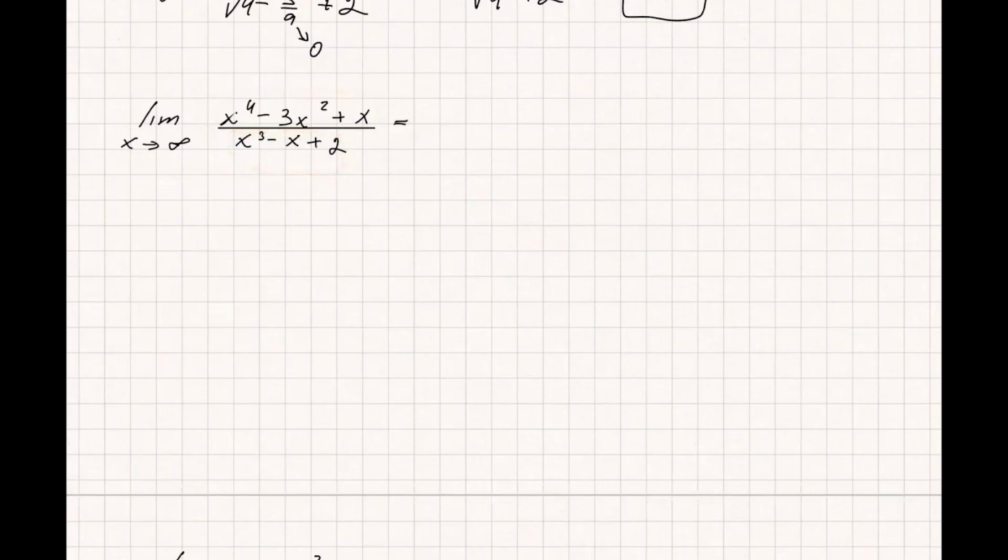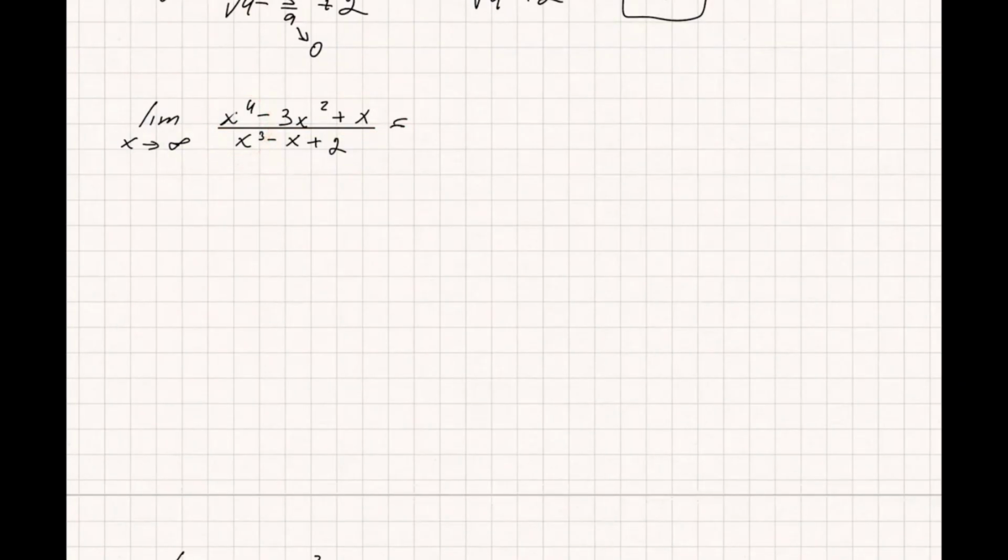So if we plug in, remember that we need to look at the first terms, right? When we send the x to infinity or negative infinity, in most of the cases, when you have a rational expression, you're just looking at the first terms and seeing what's happening.